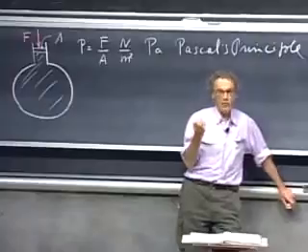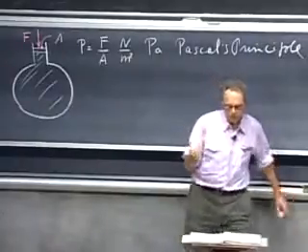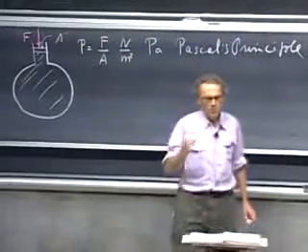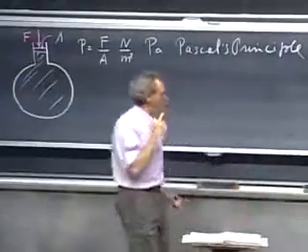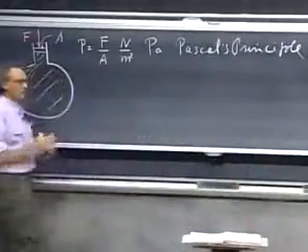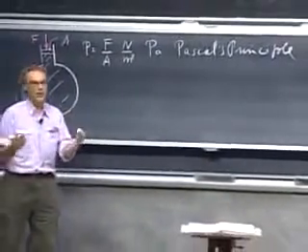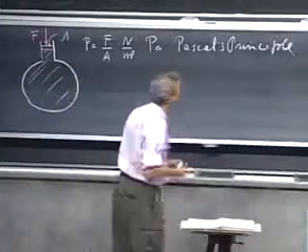Force has a direction. And the force exerted by the fluid on anything, therefore also on the wall, must be everywhere perpendicular to the wall. Because if there were any tangential component, then the fluid would start to move. Action equals minus reaction, so it starts to move. And we are talking here about a static fluid.